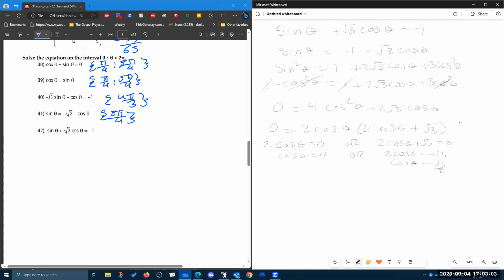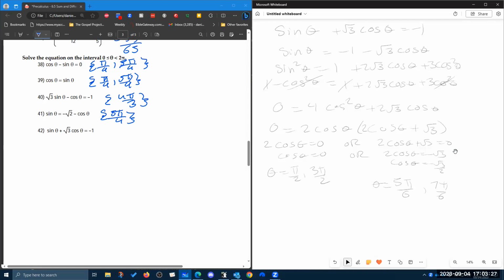Let's think about where my solutions would be. So cosine would be 0 at pi over 2 or 3 pi over 2. And then cosine would be negative root 3 over 2 at 5 pi over 6 or 7 pi over 6.